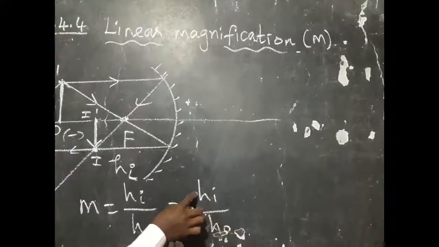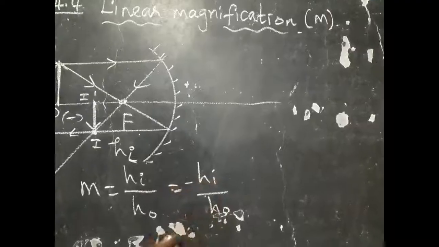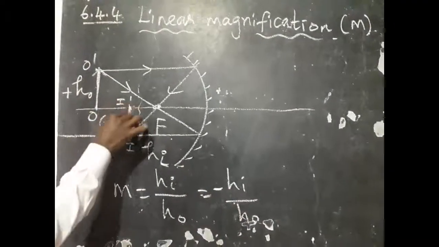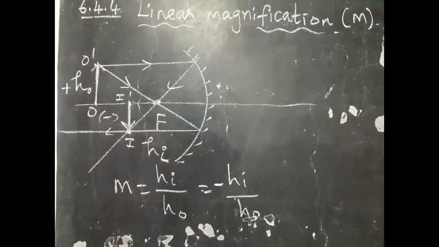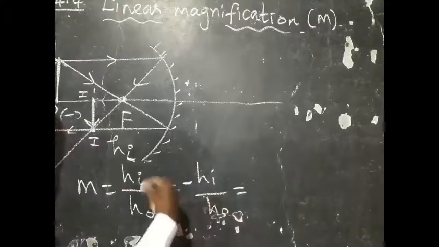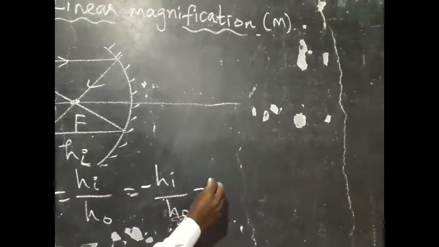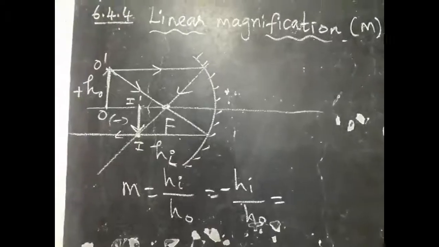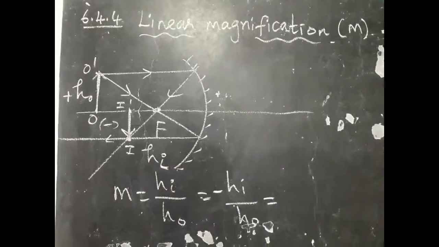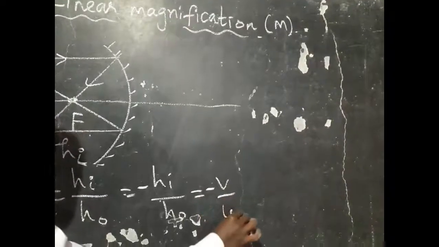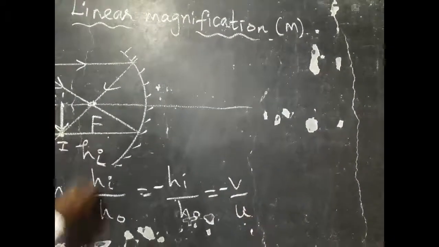For the height of the image and height of the object, we put minus, because downward is negative. And one more thing, here we can relate this to the object distance and the image distance. So object distance u and image distance v. So we can write minus v by u. What is image?